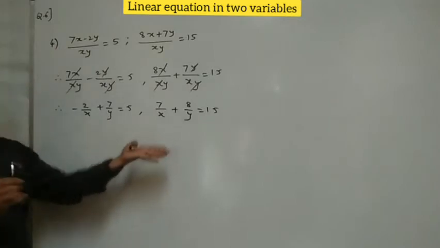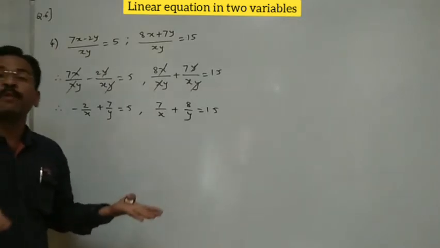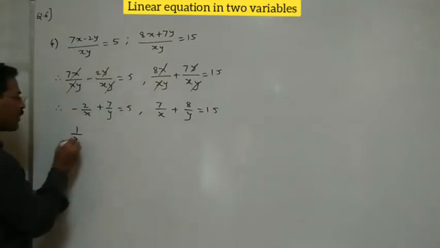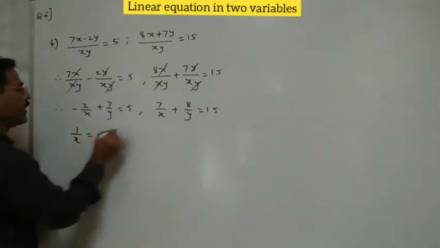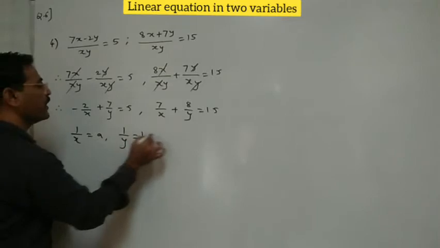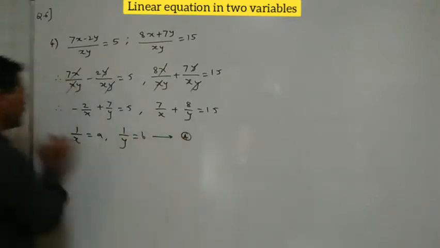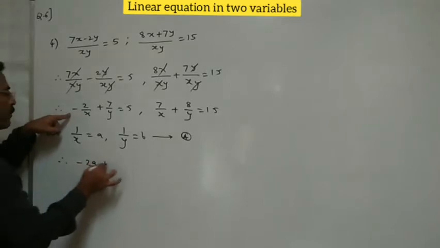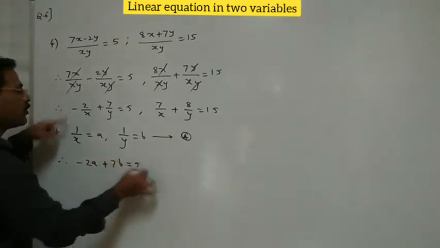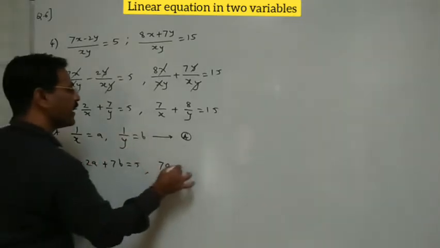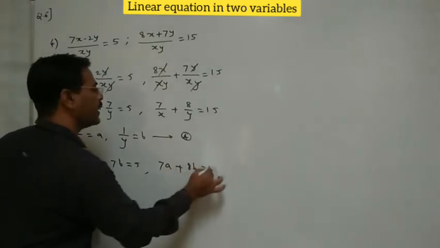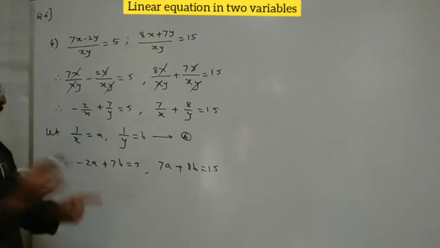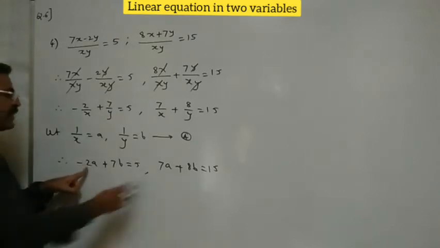Now, looking at it, it is very similar. Previously we solved this kind. Yes, here we have to suppose 1 upon x is equal to a, and 1 upon y is equal to b. This is equation number a. This is our supposition. What will we get here? Minus 2a plus 7b is equal to 5. This side 7a plus 8b is equal to 15. Now it is very simple. We have to multiply here by 7 and here by 2.